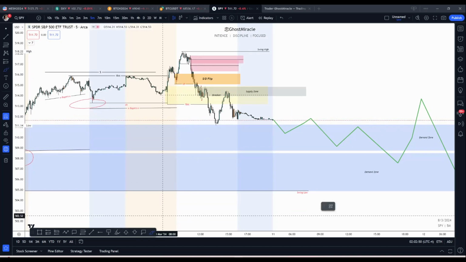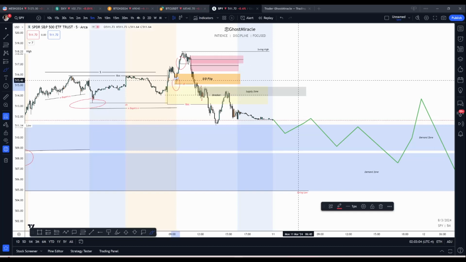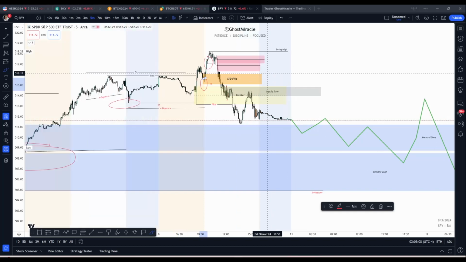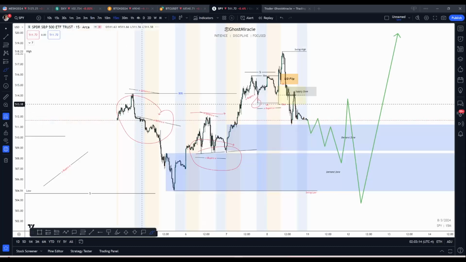At least this area. So I think not recognizing this here or this here as a change of character on at least a 5 minute overall kind of screwed your analysis in a way for buys.